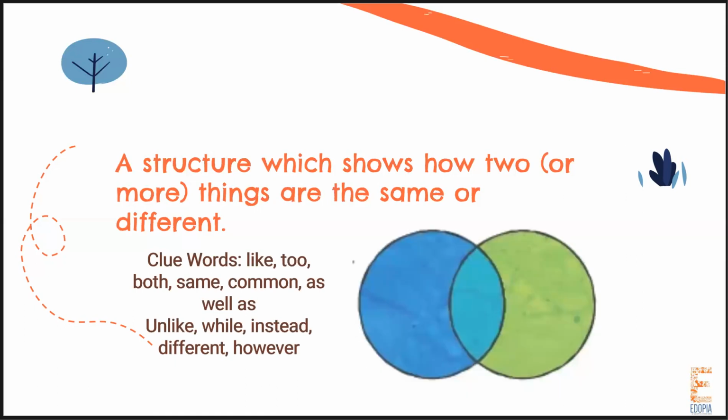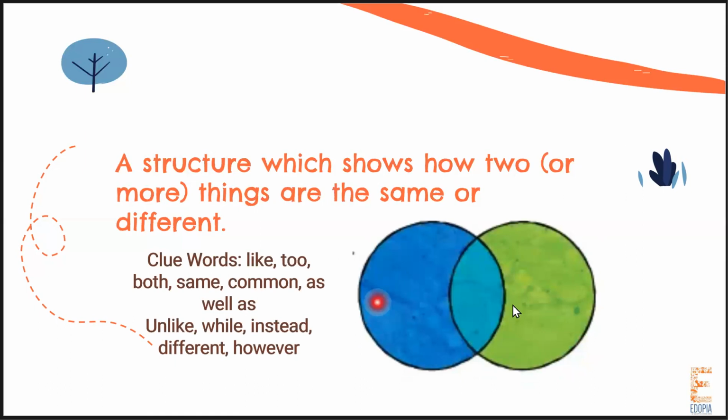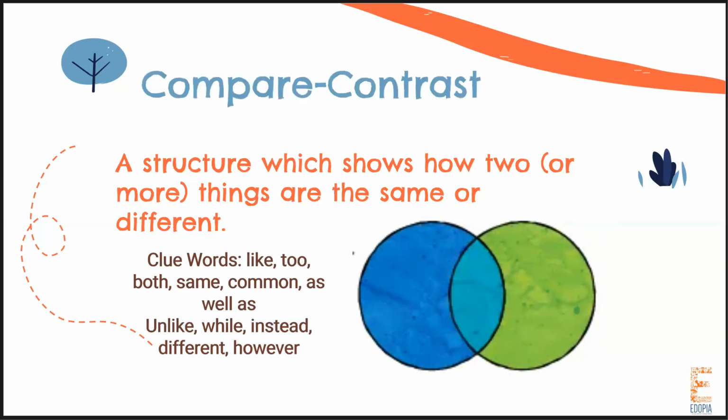And the graphic organizer is like this. You have two circles. This one is showing you something about one thing, and this one is showing you about the other. And the overlap is basically showing you the similarities between them. So if you have said that this is compare and contrast, again, you are correct.